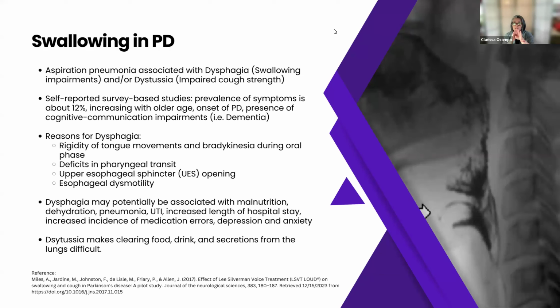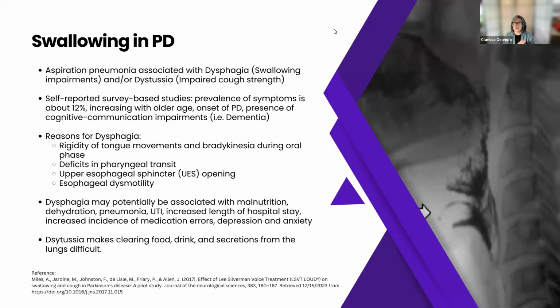Once that vocal cord starts to get weak, the vocal folds actually bend and create a gap, what we call a glottic gap, which is basically an opening to your airway. You have to bear in mind that the vocal folds, or the vocal cords, are your last door to your airway. That's the one that really protects your airway. If those cords are bent from weakness, then your airway is open.